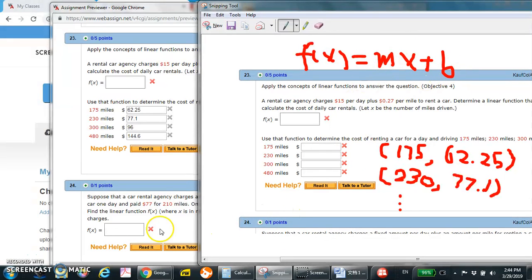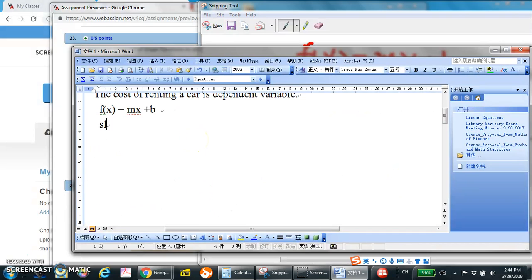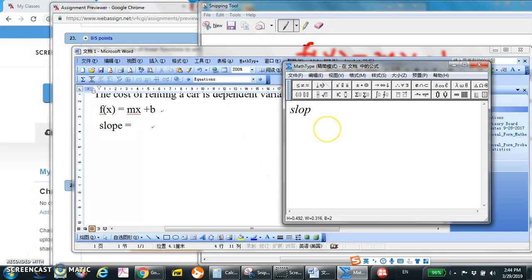Now, the slope, we can find it using this formula.